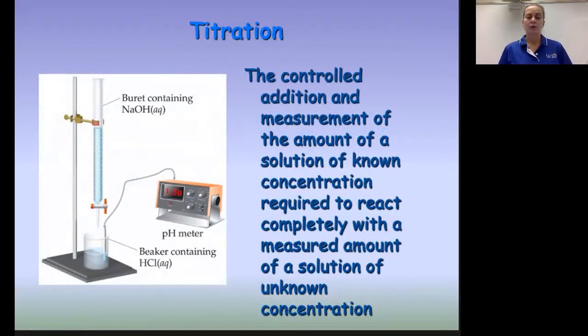So in a titration, we are using volume and concentration of one substance that is well known to determine the concentration of another substance. We do need to know what both of the reactants are so that we can determine what their coefficients are going to be in a balanced chemical equation, but we don't know the concentration of the second one.